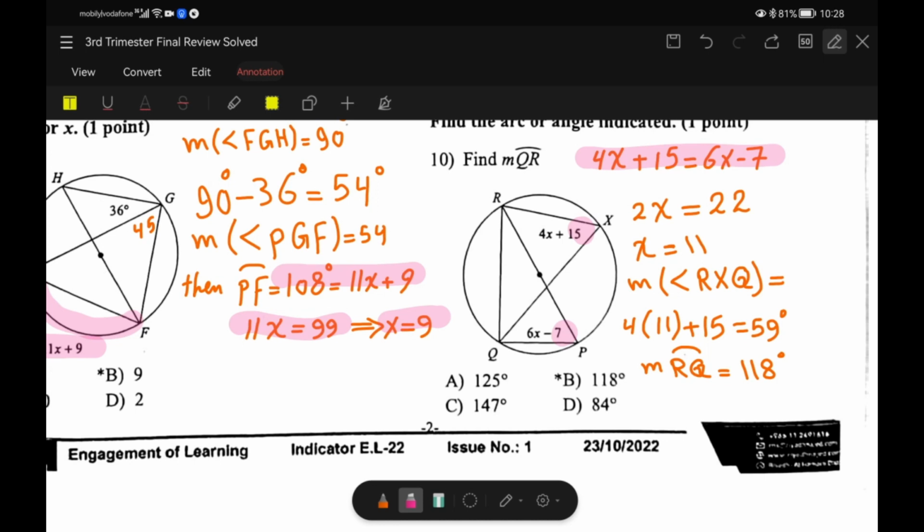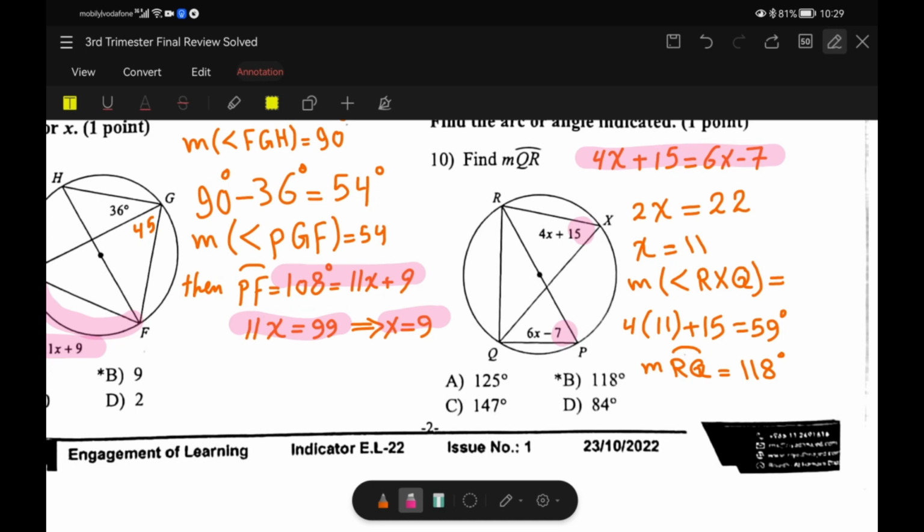We have here 6x minus 7, so 6x minus 7 must equal half of the arc RQ. So the arc is double 6x minus 7.